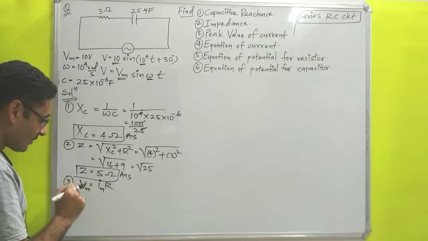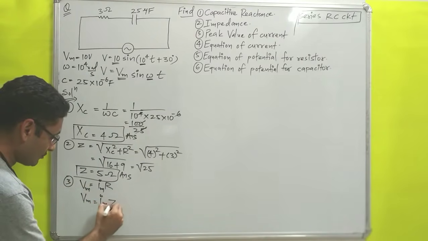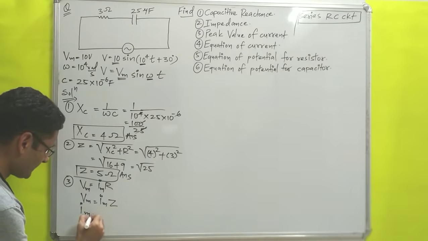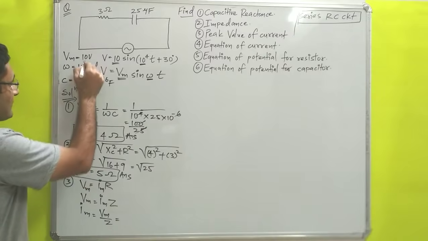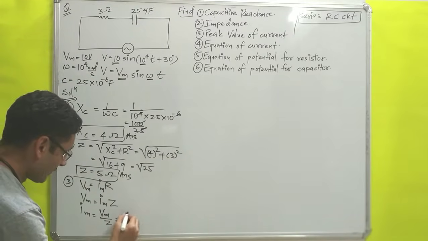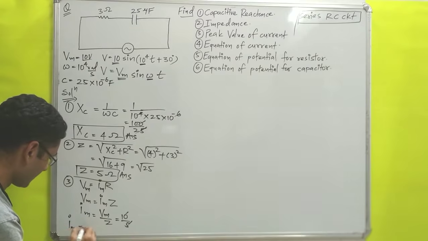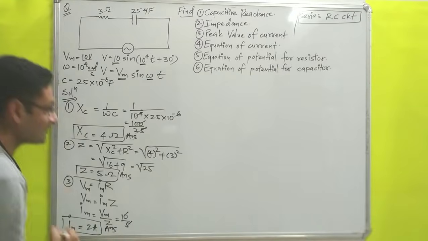So instead of R, we can write Z. So Vm is equals to Im into Z. We want maximum current, which is equals to Vm by Z. Vm is 10 volt, and Z is 5. So 5 2s are 10. So maximum value of current is 2 ampere. That is your answer number 3.